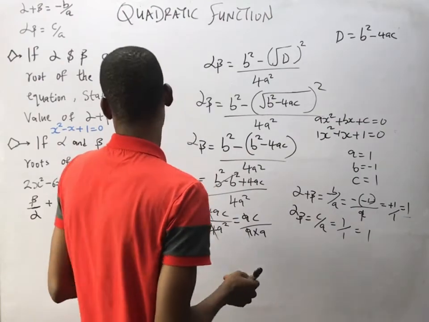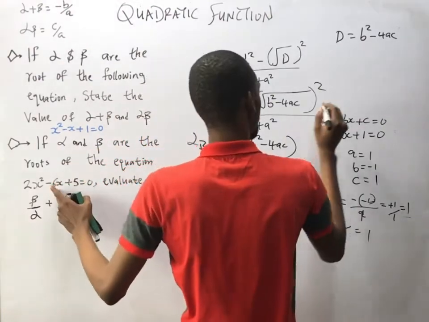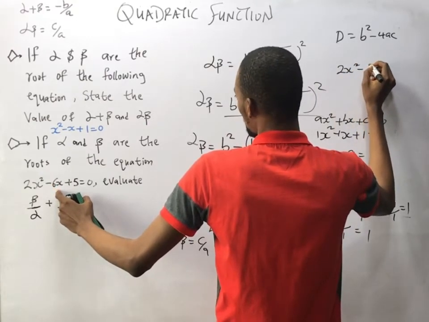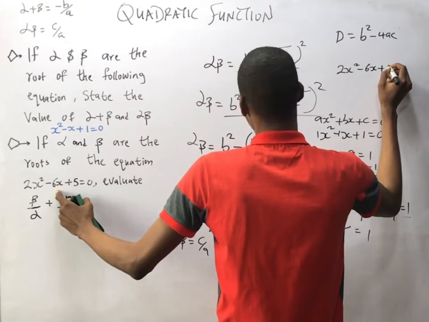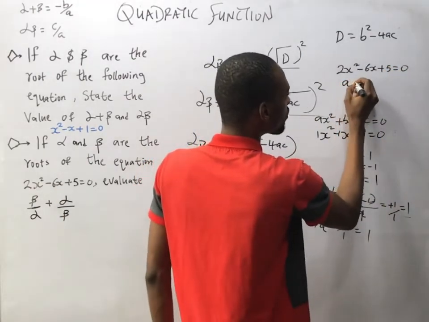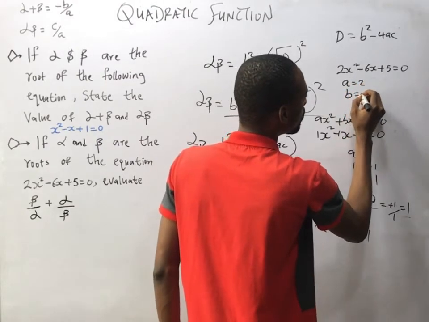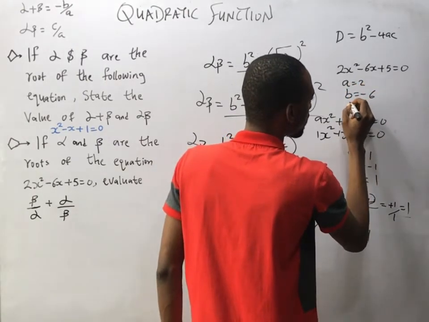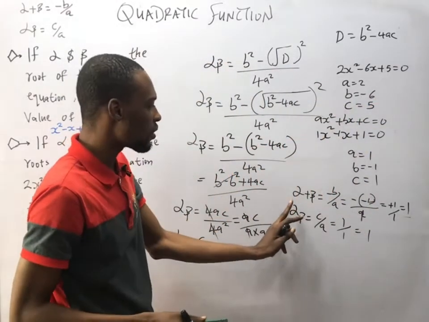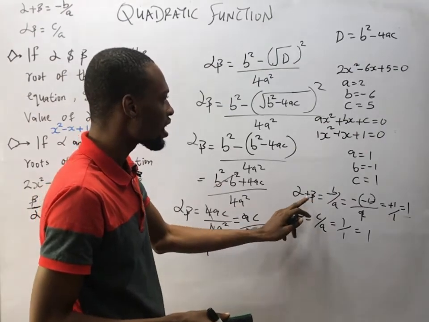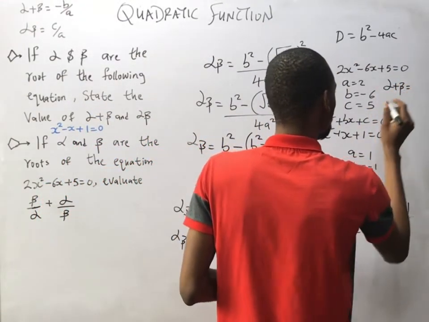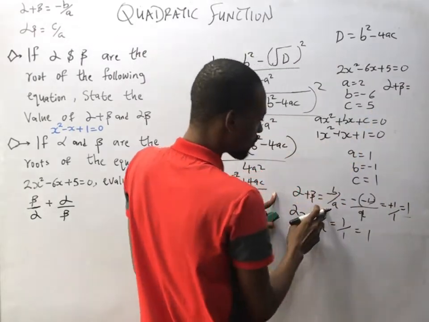Now let's look at something else. If it were to be something like this, 2s squared minus 6s plus 5 equals 0. So from this, we already know that a equals 2, b equals minus 6, and c equals 5. If in this question we are asked to look for alpha plus beta, alpha plus beta will simply be minus b over a.